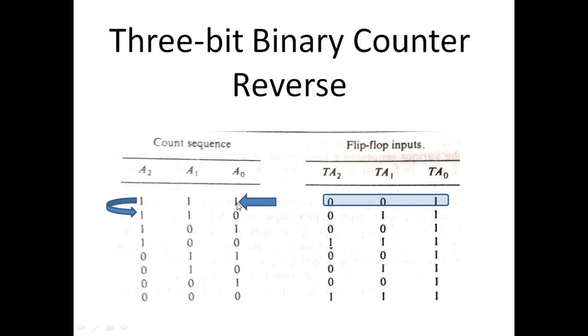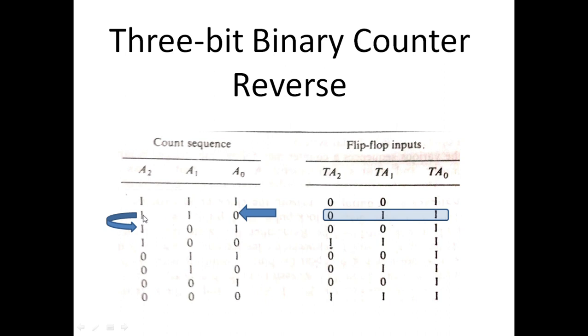So to come from this state to this state, we have to toggle or complement the current state of flip-flop 0, and we have to keep the current state of flip-flop 1 and 2. To do that, we have to provide 0, 0, 1 at the inputs of the 3 flip-flops.